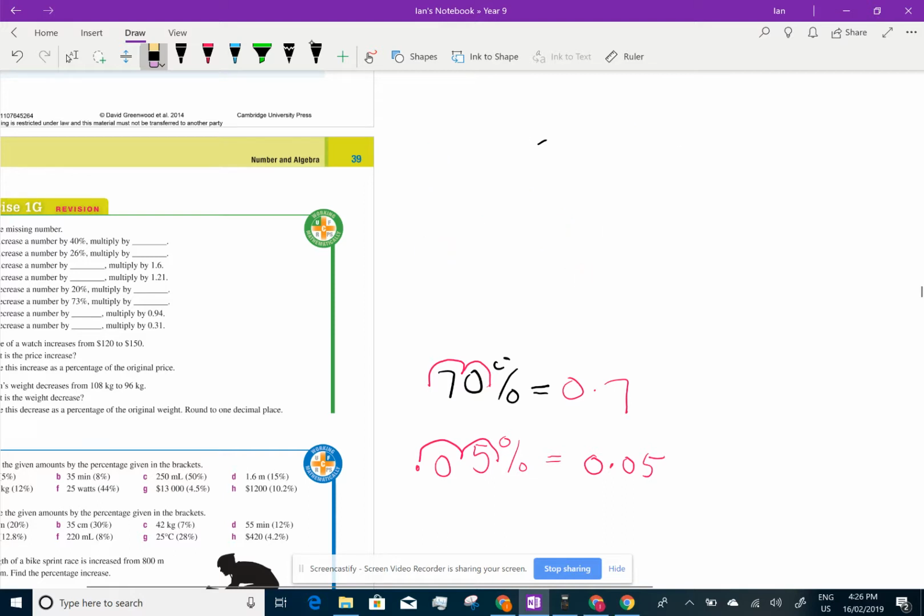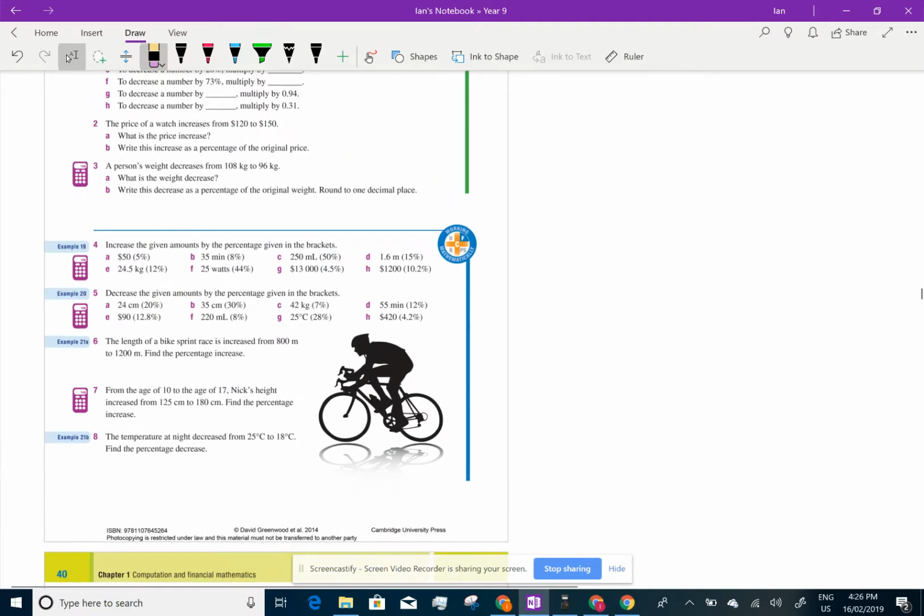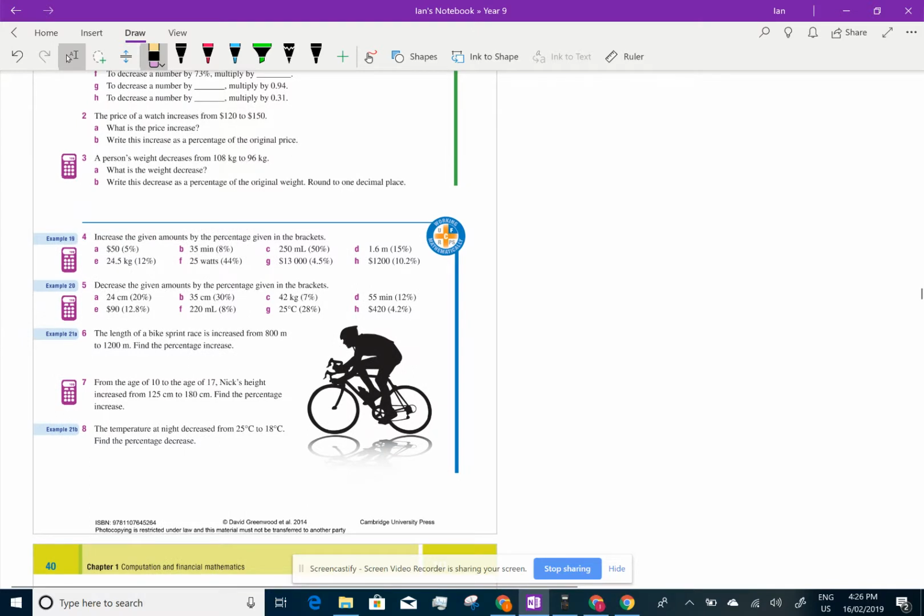Okay, let's move into increase, decrease. Now, I'm only going to show you the one method, the method that I would prefer you to use. If you want to do the other method, there's another video on the website that you can have a look at. So to increase by a percentage, here's what I want you to do.